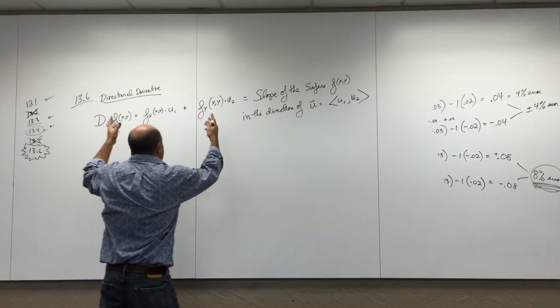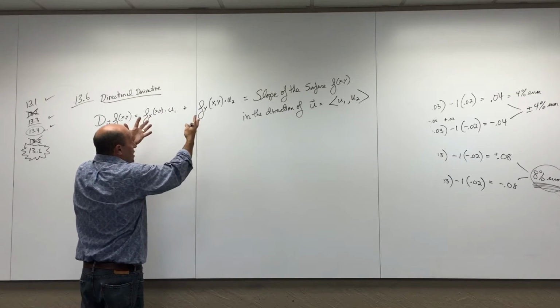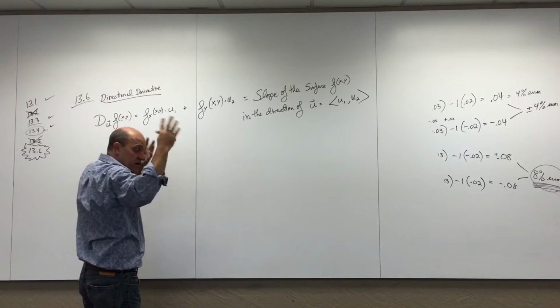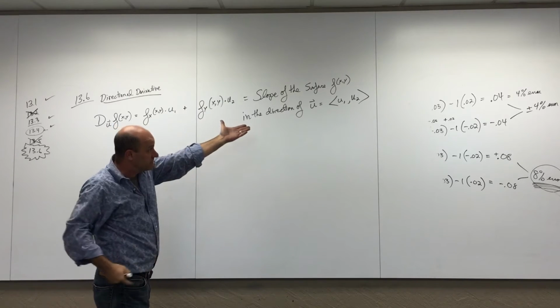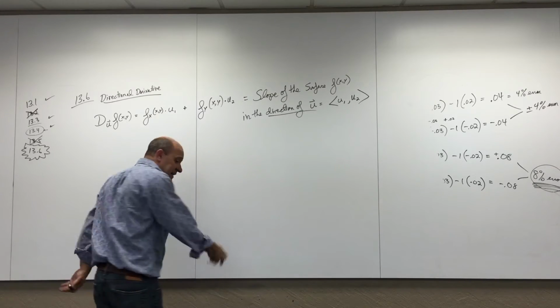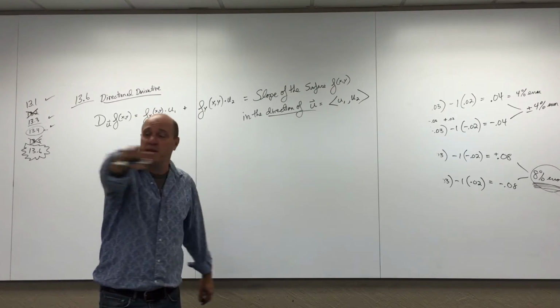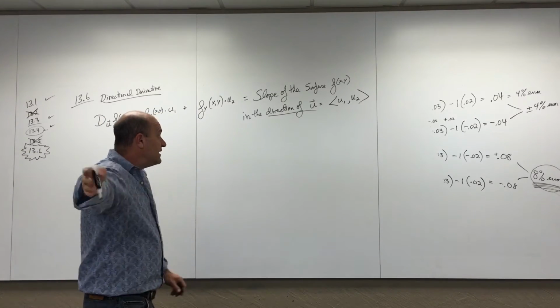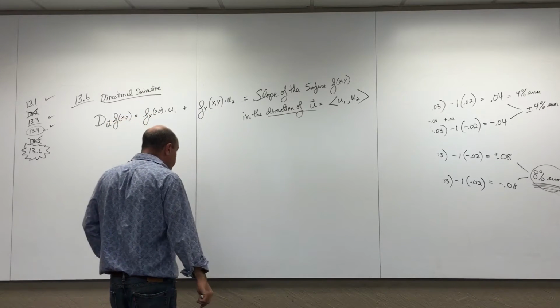And then you add those together to get a slope in the direction of the unit vector u. So now I'm standing at a point on a surface, and I can tell you the slope in any direction you want.